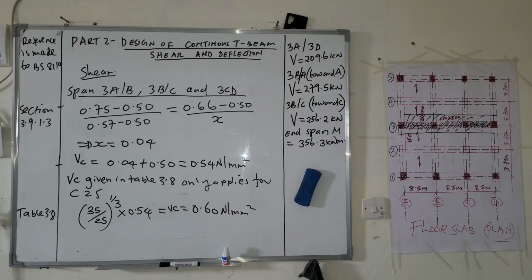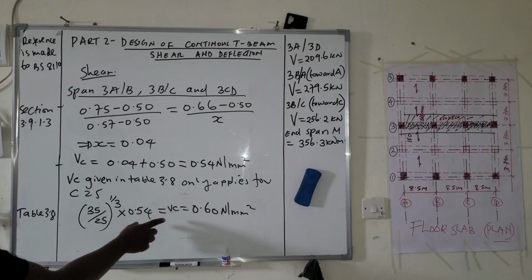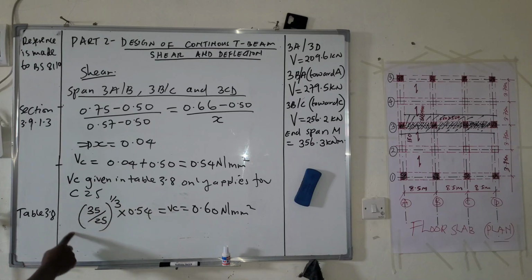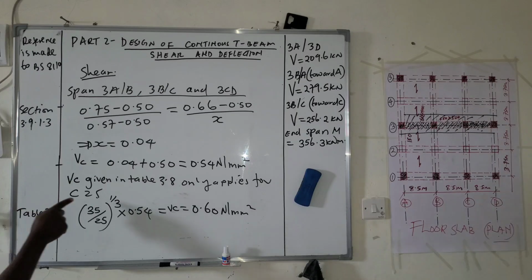So I think in the previous examples, that is for singly and doubly, I made a small mistake in the calculation of Vc. So I skipped this part because the Vc given in table 3.8 only applies for class 25 of concrete.